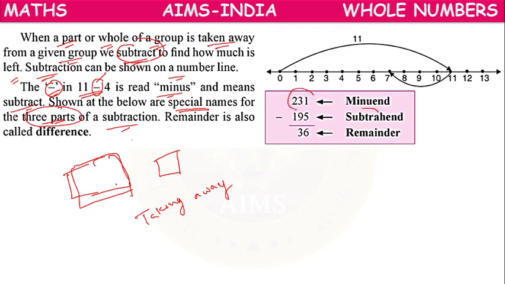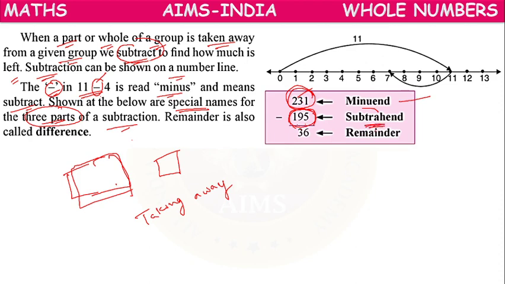The whole part, or complete part, from which we take away some other part is called minuend. The second part, which is taken out or subtracted from the first part, is called subtrahend.